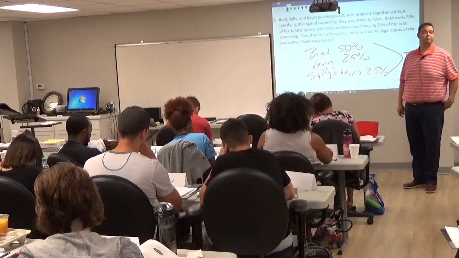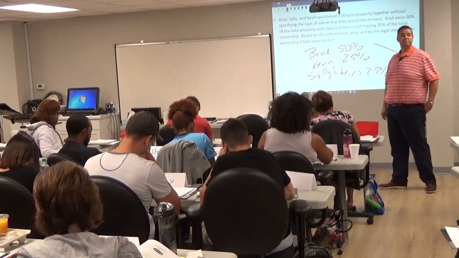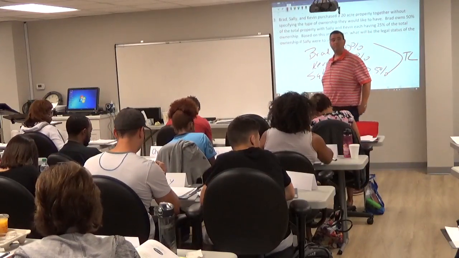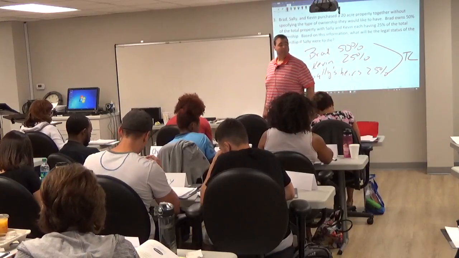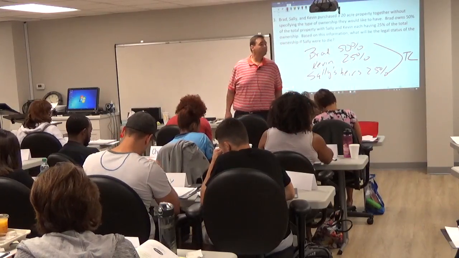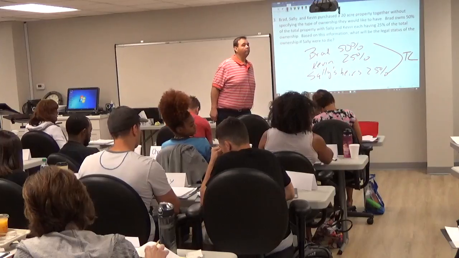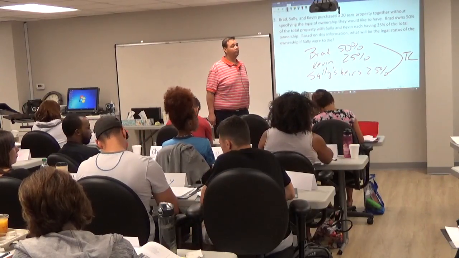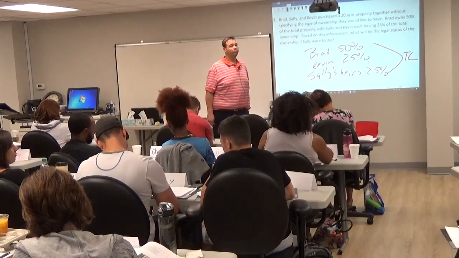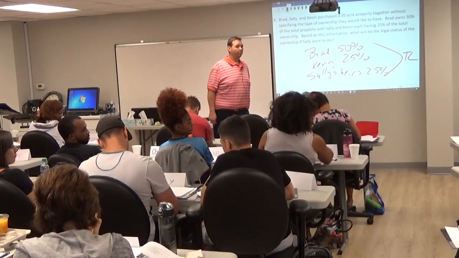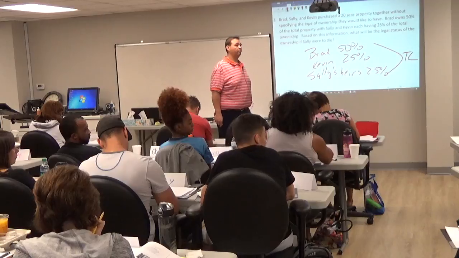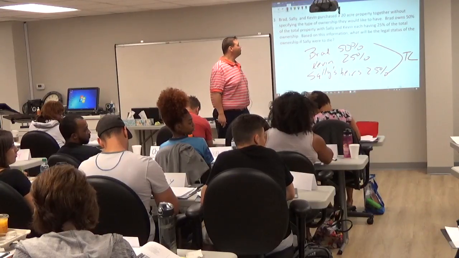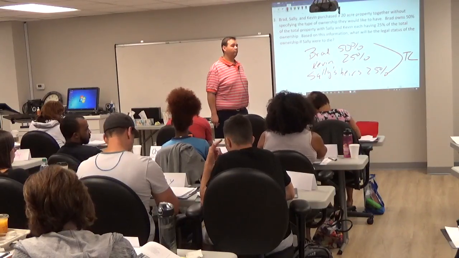Yes, ma'am, Brittany. I had a question. I knew the answer was tenancy in common, but say this exact question was on the test, what are you looking for? I heard you say if the person has marks on their paper, 9 times out of 10 they understand what's going on. So are you looking for us to put Brad 50%, Kevin 25%, and Sally's heirs 25%?